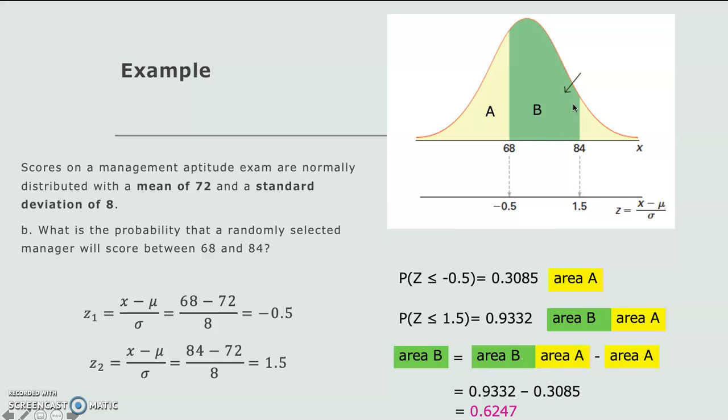So the probability for area B is 0.6247. In other words, the probability that a randomly selected manager will score between 68 and 84 is 62.47%.